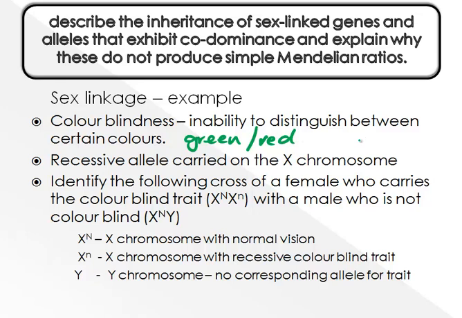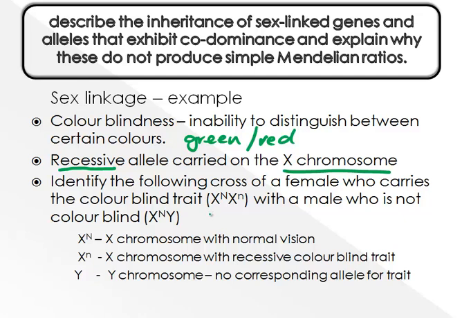The recessive allele is carried on the X chromosome. So what that is telling us is that color blindness is a recessive trait and it's carried on the X chromosome. It's not carried on the Y chromosome because again the Y chromosome is smaller and lacks alternative traits.